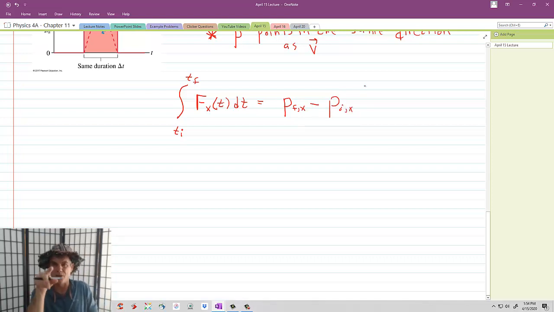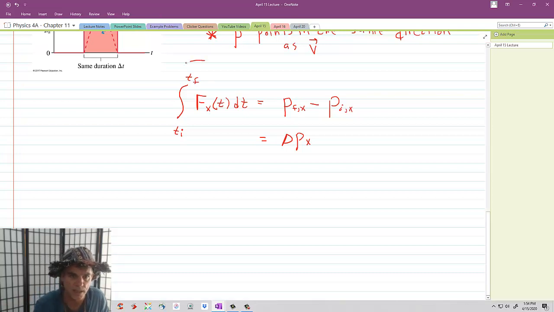I'm not putting little arrows over momentum to indicate that it's a vector because we're looking at the x component of the momentum. I can only look at x, y, and z components of something if it's a vector. So this right-hand side is just the change in the momentum in the x direction, final value minus initial value.